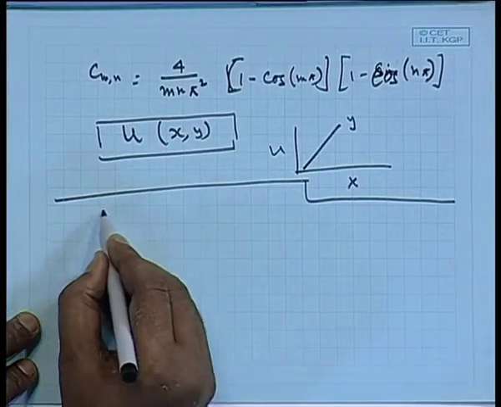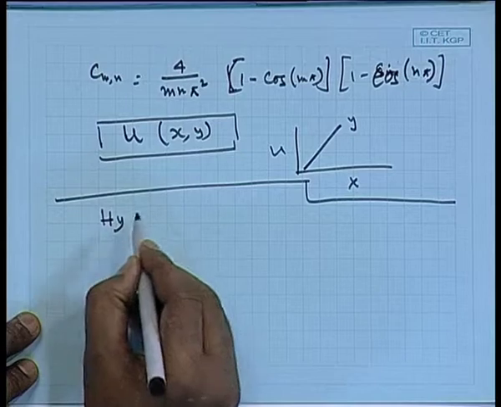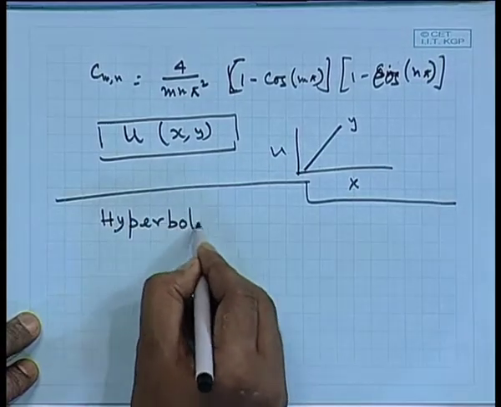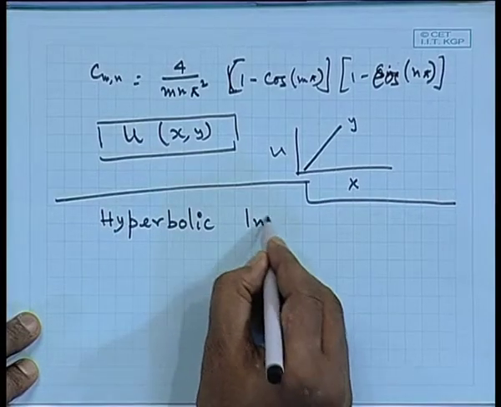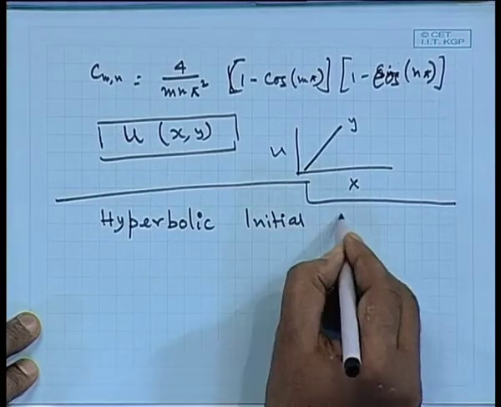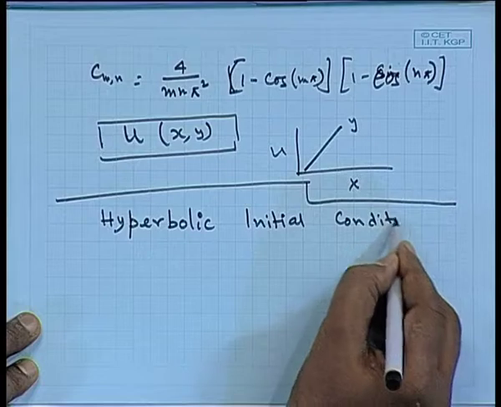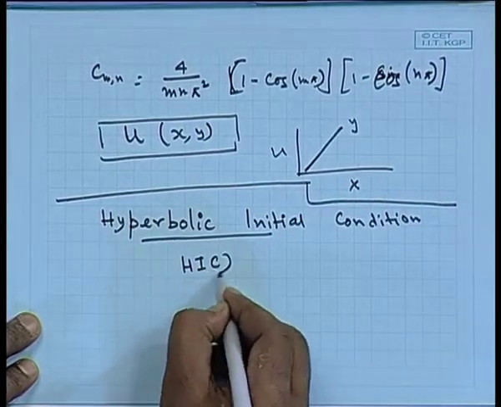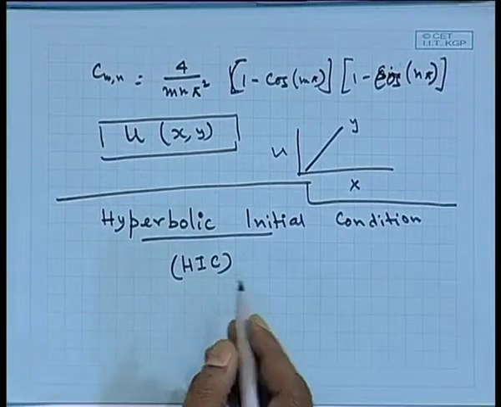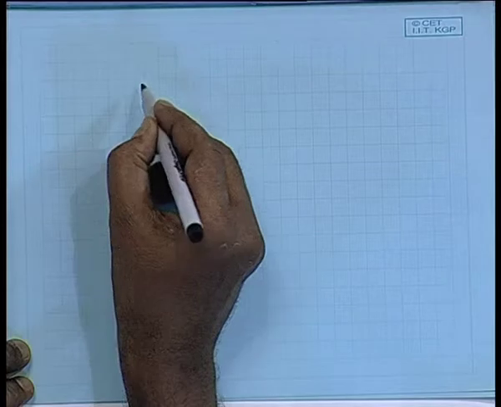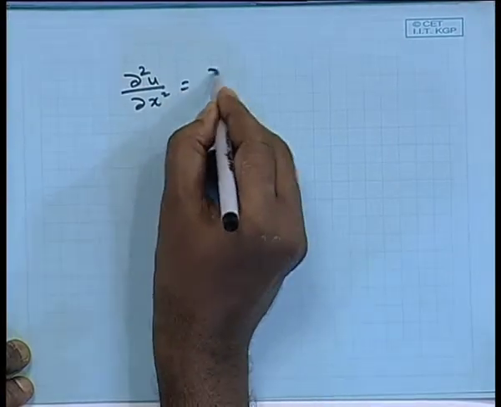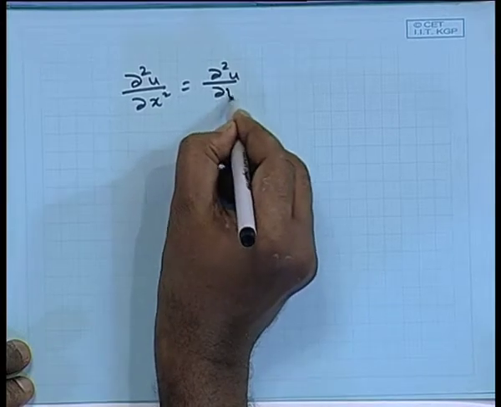This one is known as the hyperbolic initial condition problem. The form of the equation is del square u del x square is equal to del square u del t square.